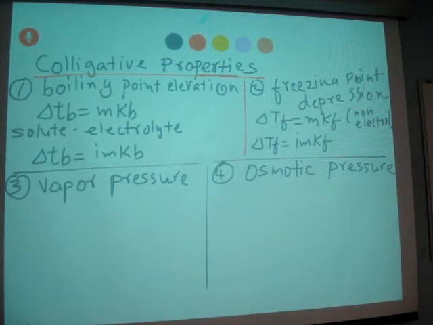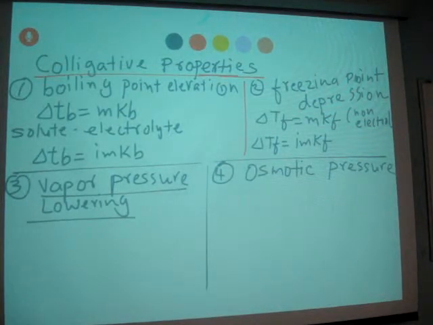Then we are going to discuss vapor pressure lowering. Remember, this is a review of all 4 colligative properties. Now tell me, what's the formula for vapor pressure lowering?